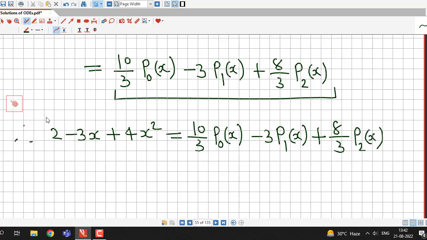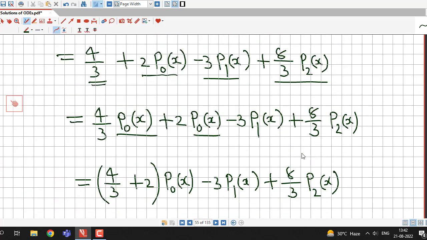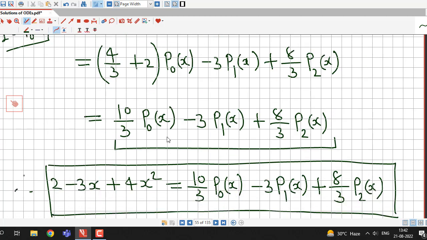So this is our answer. We have expressed the given polynomial of degree 2 in terms of Legendre polynomials of degree 0, 1 and 2. And be careful here: if you have only a constant, then you can write that constant as 4 by 3 into 1 and replace 1 by P0(x). So each term in your answer must contain a Legendre polynomial of some degree.